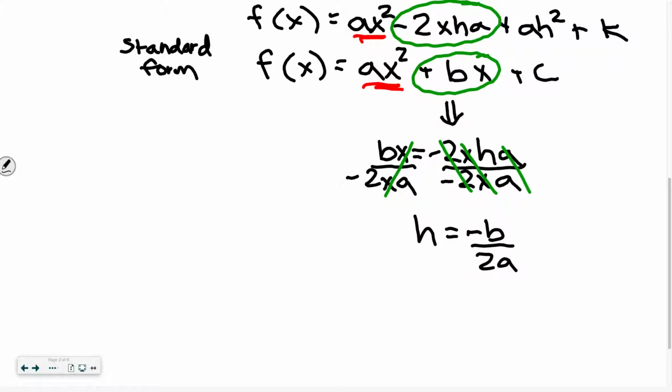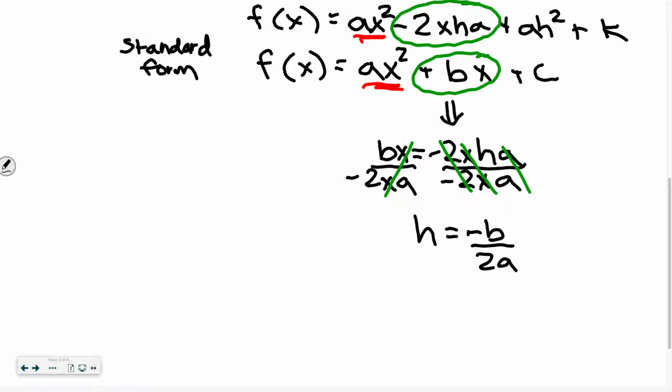So now I know that h, the x-coordinate of my vertex, in standard form is negative b over 2a. You'll often hear me say the opposite of b over 2a. The reason why I say opposite and not negative is sometimes people think then it always has to be negative, but it just means change the sign. So I always say the opposite of b over 2a.